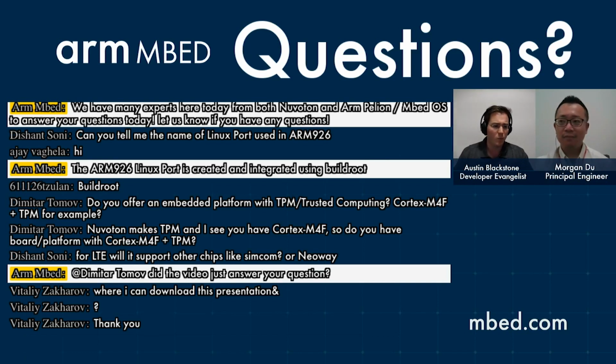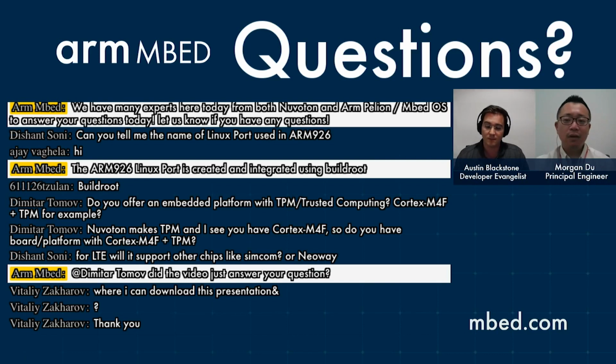Okay. What about something similar for Cortex-M, say the Arm PSA? I know TPM is slightly different, but we do have a chip that has Cortex-M and PSA enabled from Nuvoton, correct? Yeah.